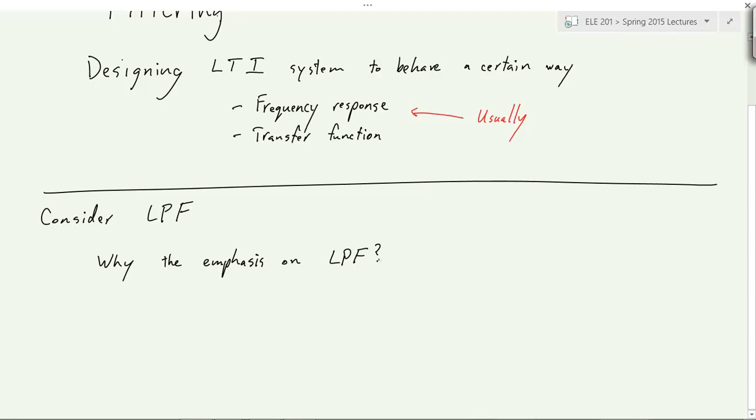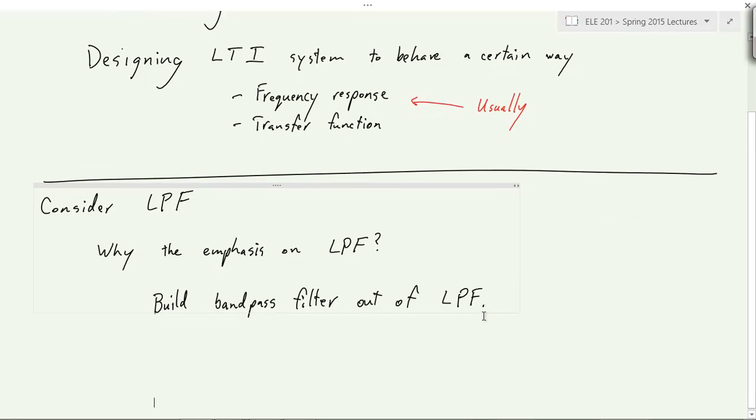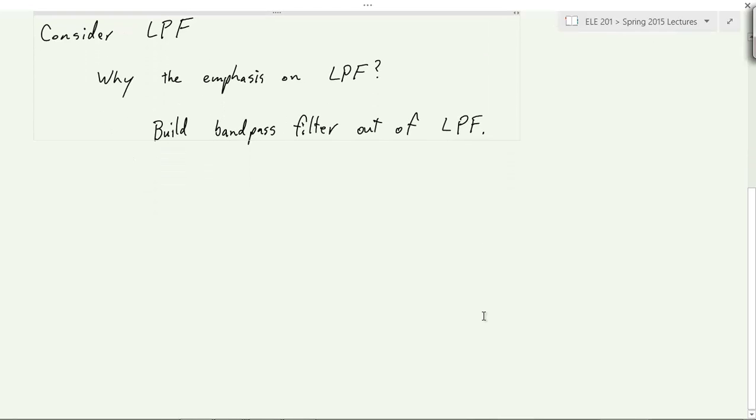And here's one good reason. You can build, for example, a band-pass filter out of a low-pass filter. So if you have a good design for a low-pass filter, then let's see how you would change it to get a band-pass filter. Does anyone have an idea?